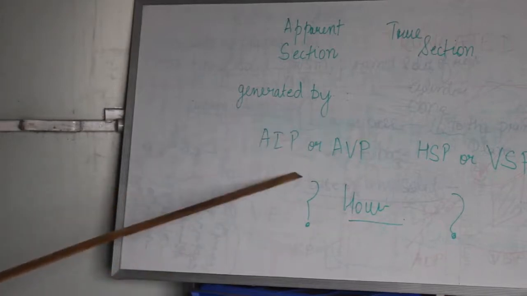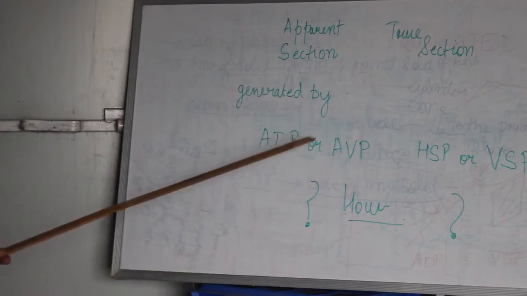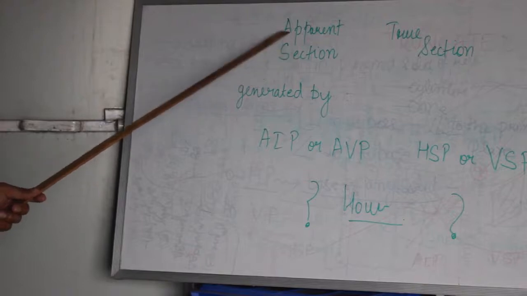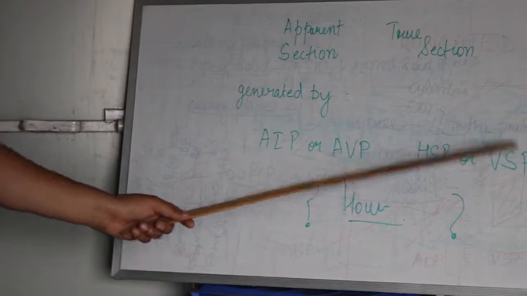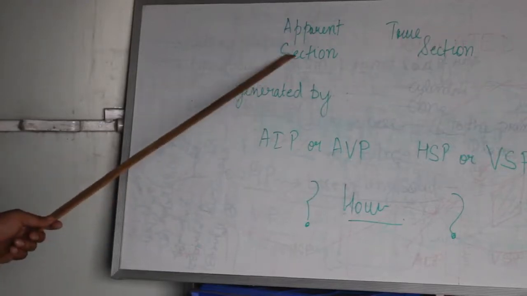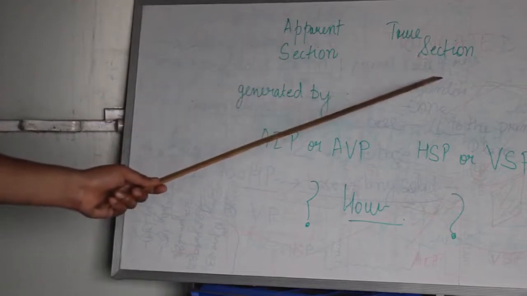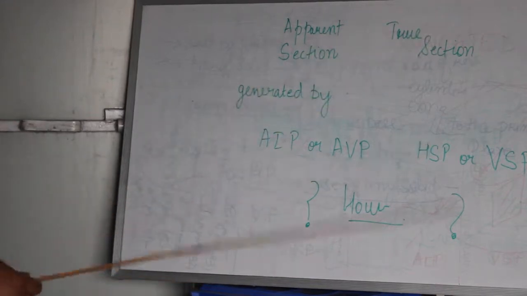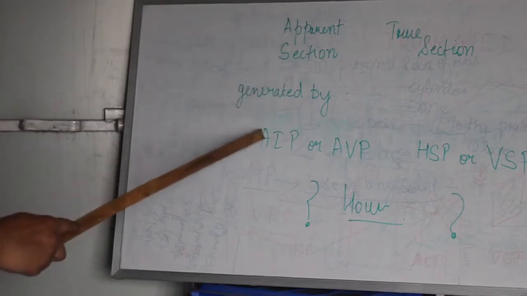Means the top view in this case where we are using the AIP and AVP, the top view is an apparent section, whereas in HSP and VSP the top view or the front view will be an apparent section and the top view or the front view will be a true section. But how come one more view has to be shown in this part?